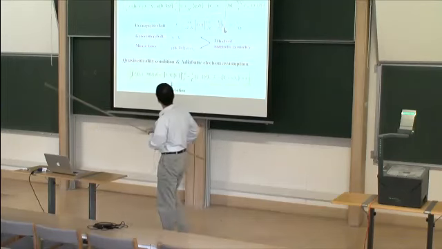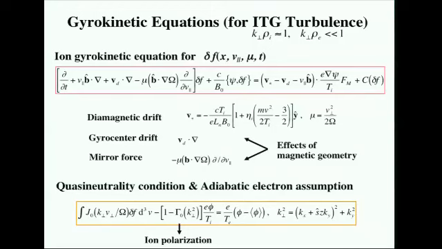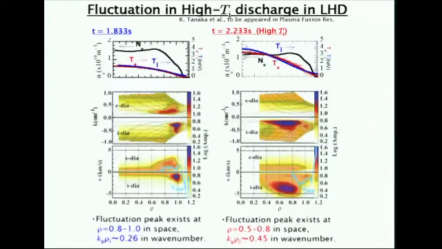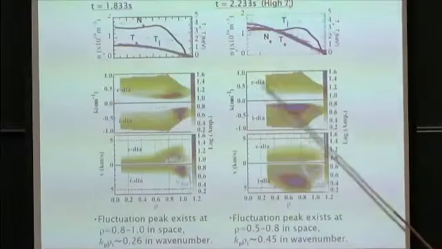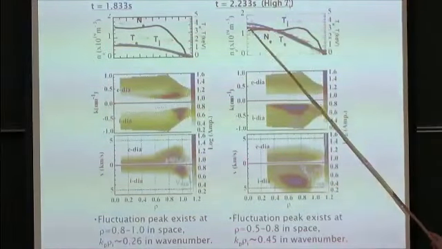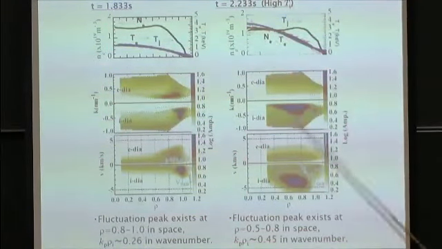So, this is the basic equation for pure ITG turbulence, using the gyrokinetic ion equation and the quasi-neutrality condition. And here we have shown fluctuations observed in high ion temperature discharges in LHD. Left figures correspond to low Ti gradient and right figures to high Ti gradient. The blue curve corresponds to the temperature minor radial profile.